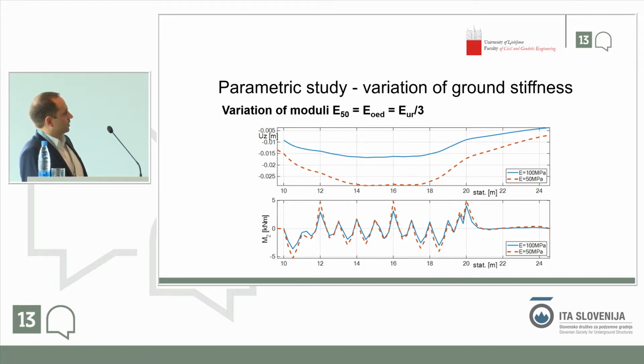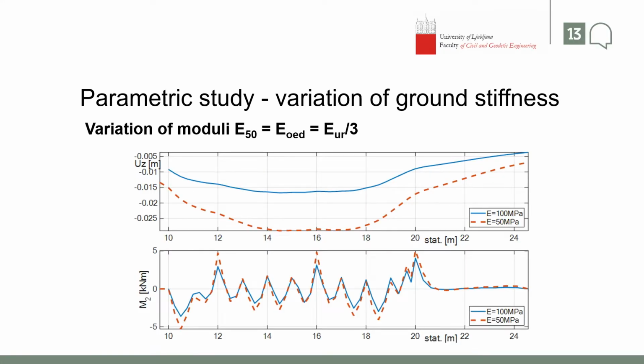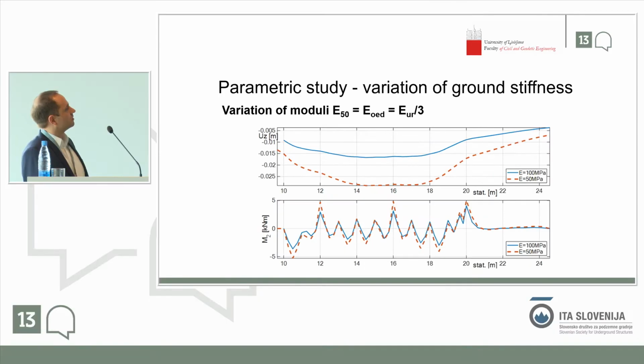Here we have some typical curves that we came across. So as you can see here, these are two cases for the stage when the face of the tunnel is approximately here at 20 meters.